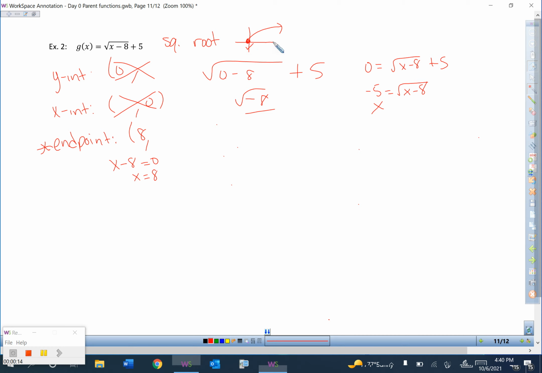It went 8 to the right. Similarly, this plus 5 gives me a transformation. We ended up going up 5. The math for that is just plug it in. We get 0. 0 plus 5 is 5. Because that endpoint ends up being over here, and we know the shape of the graph, that tells you there are no x-intercepts, no y-intercepts for this transformation.